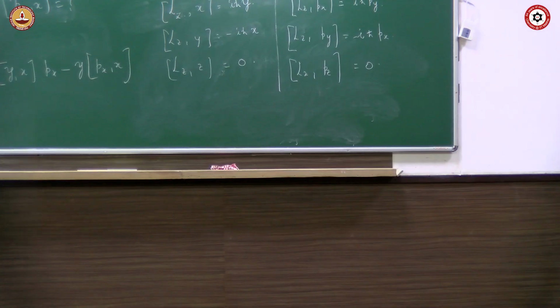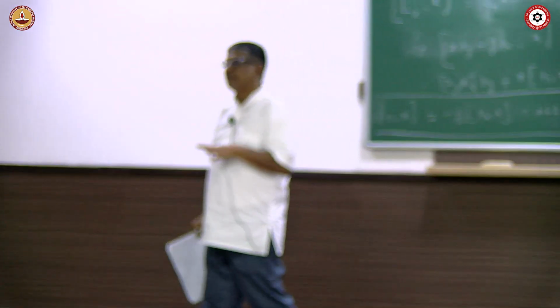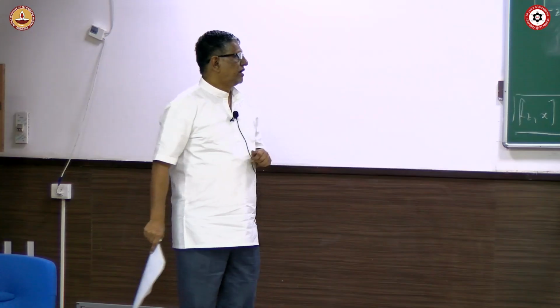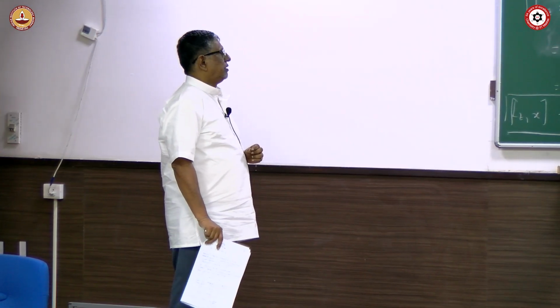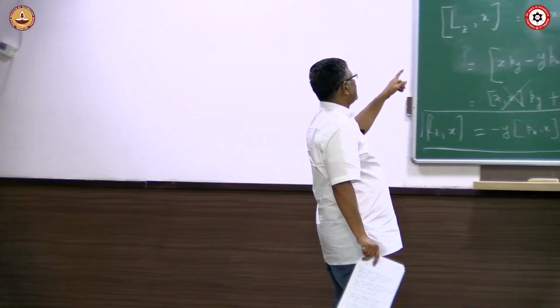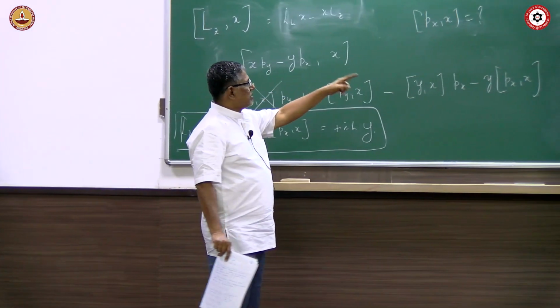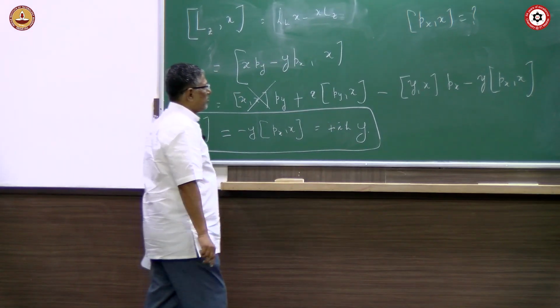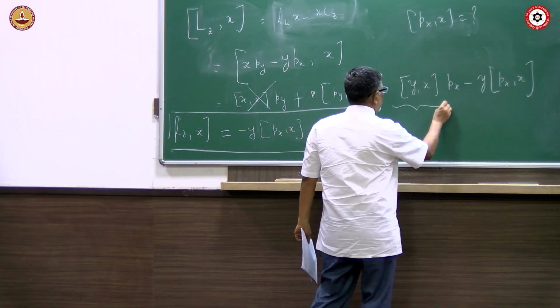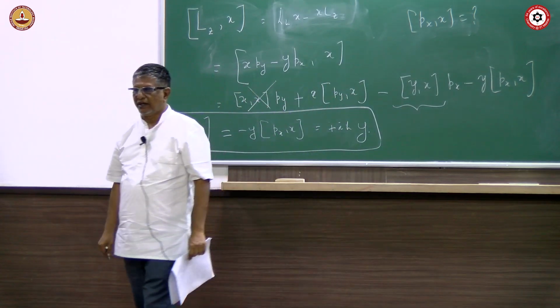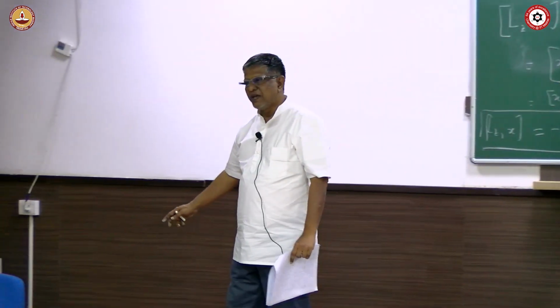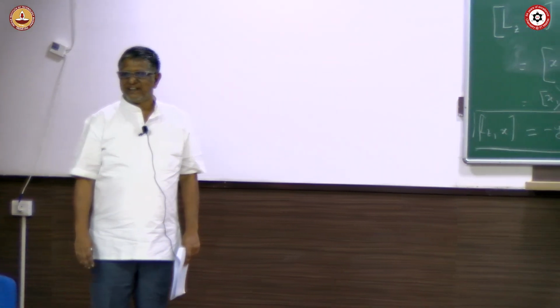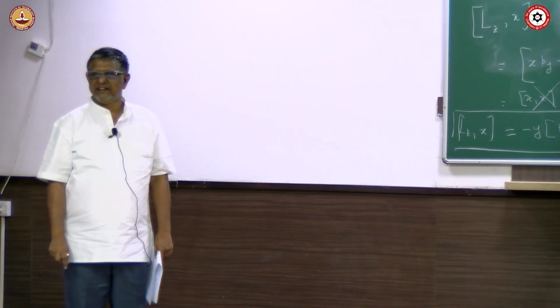So, these are the examples that you have to work out. I have done one, [Lz, x]; you can try for the remaining. What about this? That is also 0, right? xy minus yx equal to 0 because it is a scalar multiplication, and nobody asked, right.